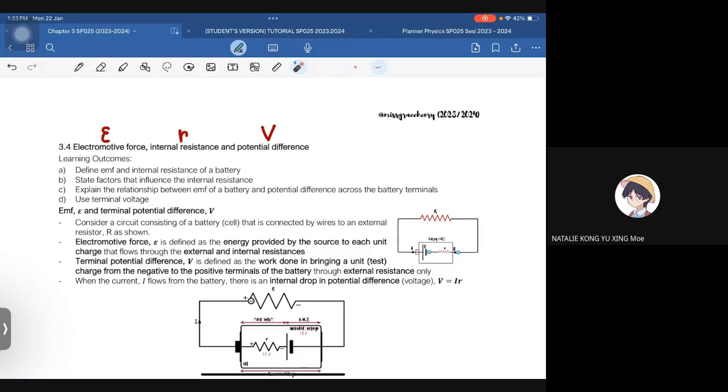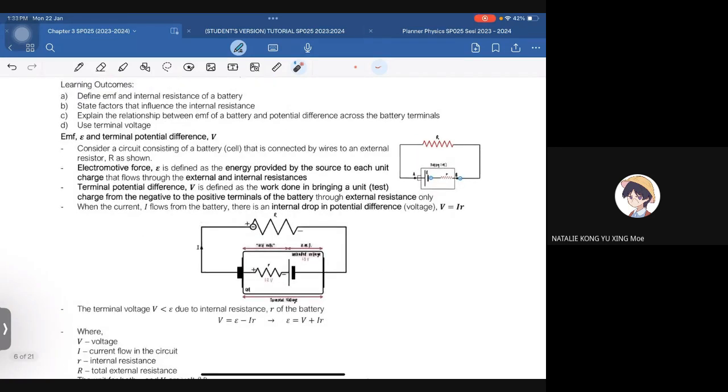Usually the question will give you either EMF or V, and you have to find the value of the other. But again, EMF will not be equal to V when there is current flow.